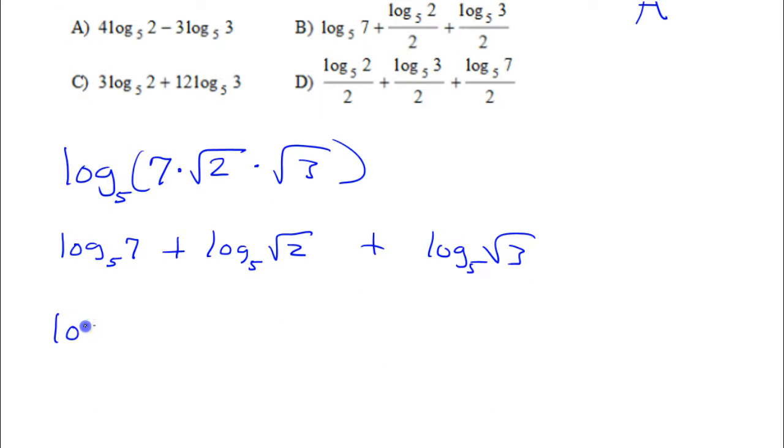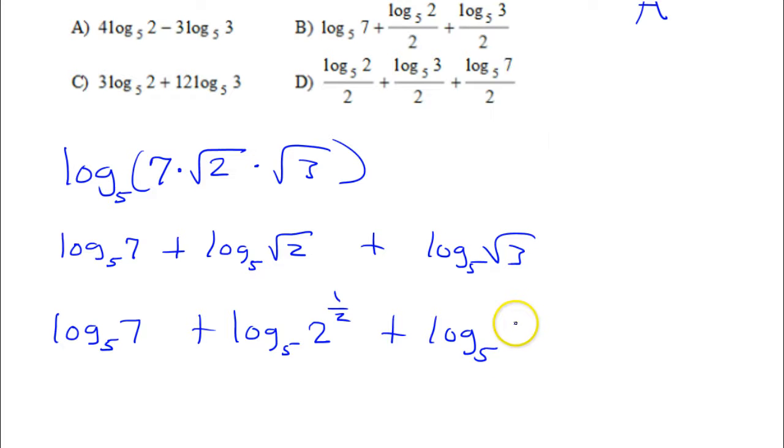So in this case, whoops, there's supposed to be an L in there. I've got log base 5 of 2 to the 1/2 power, and log base 5 of 3 to the 1/2 power.